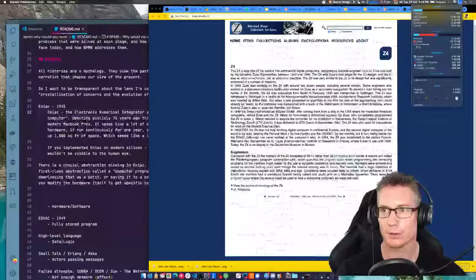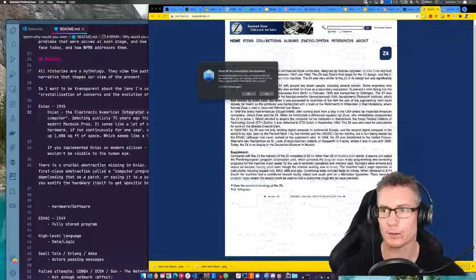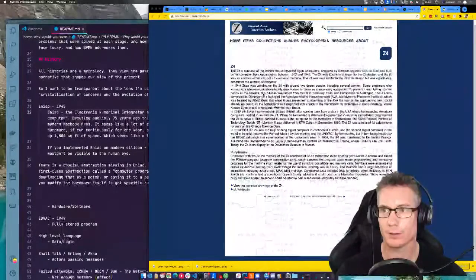No. Okay, let's quit out of this. Quit. Some of the connections are mounted, they'll be unmounted. Yeah, that's cool. That's pretty much all the little things.